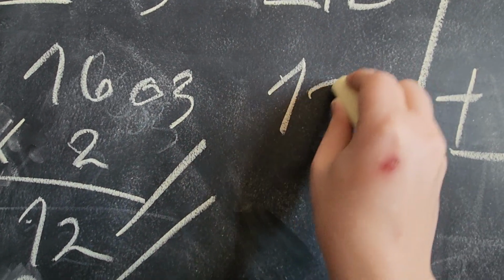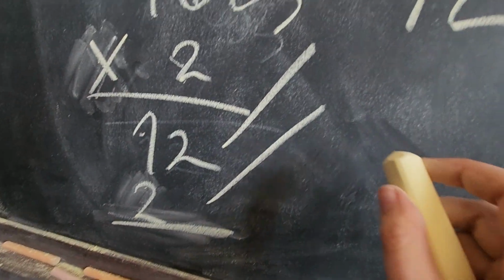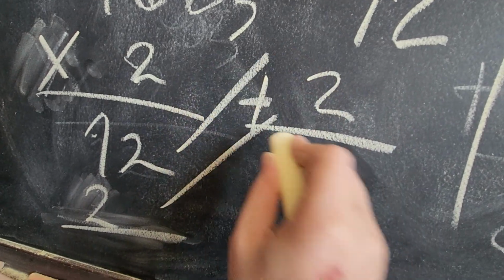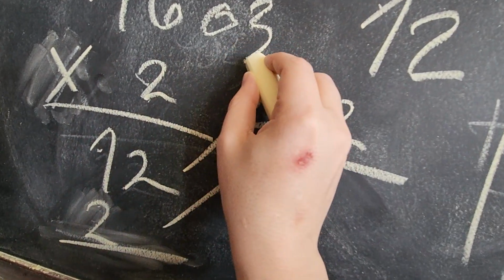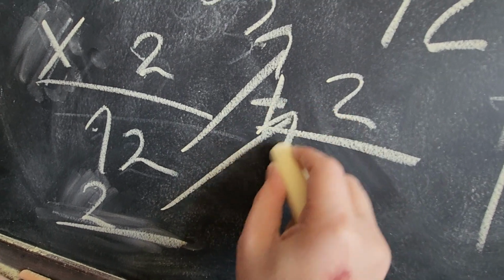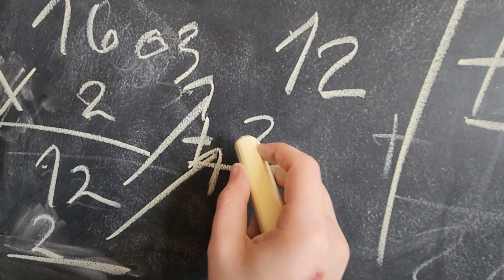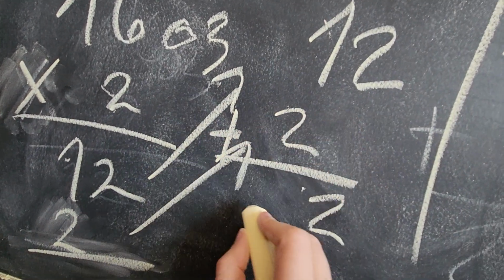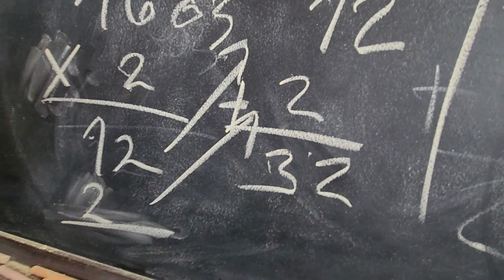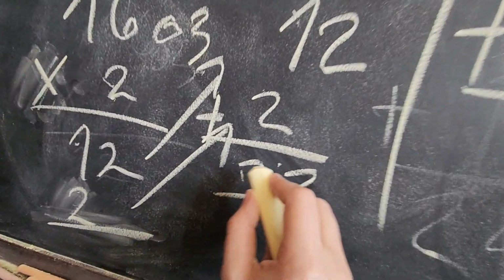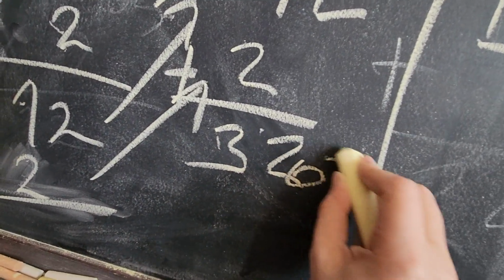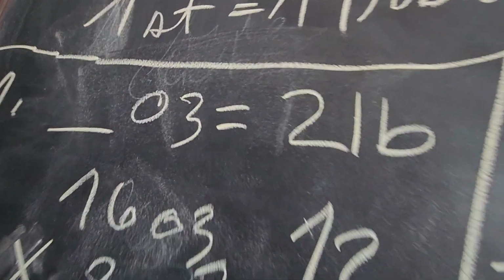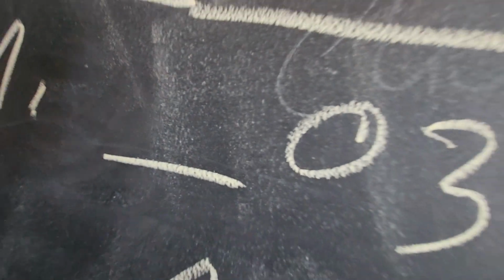So you got 12, and then you got the 2. And you add these together. And this is going to be 2, and that's 3. So it's 32 ounces. So 32 ounces are equal to 2 pounds.